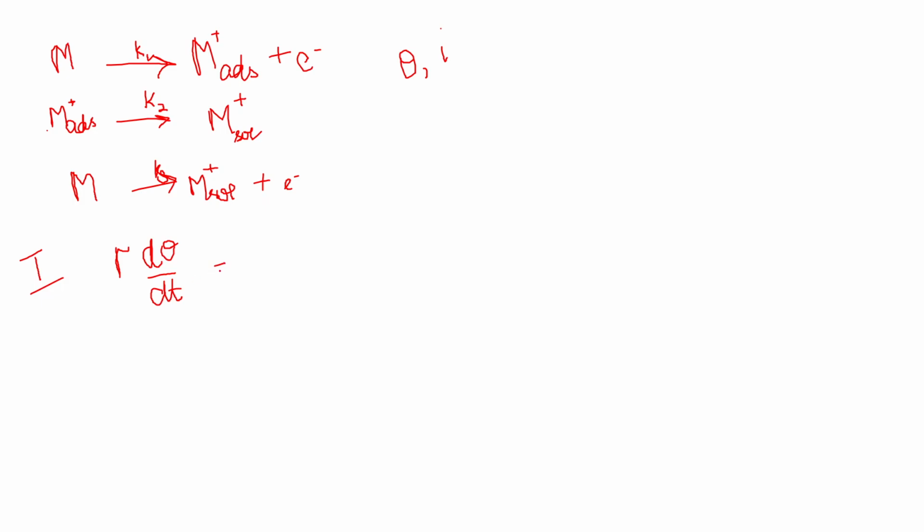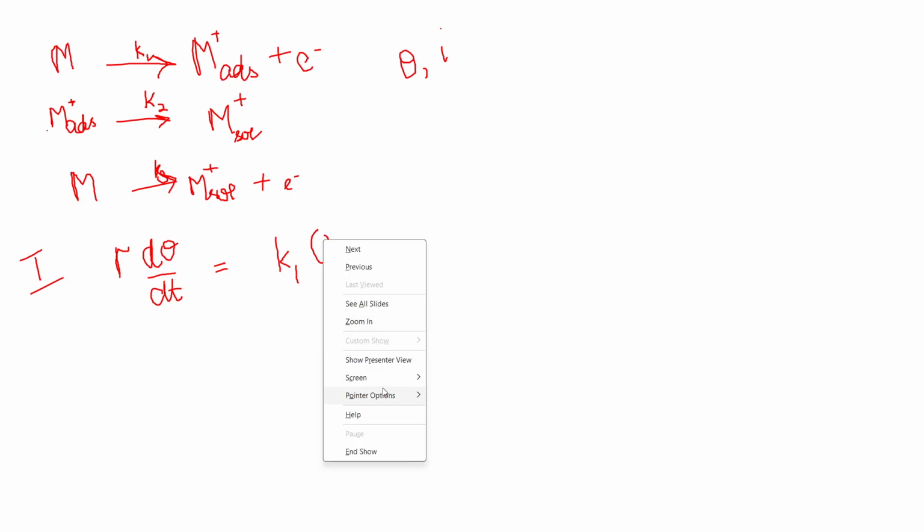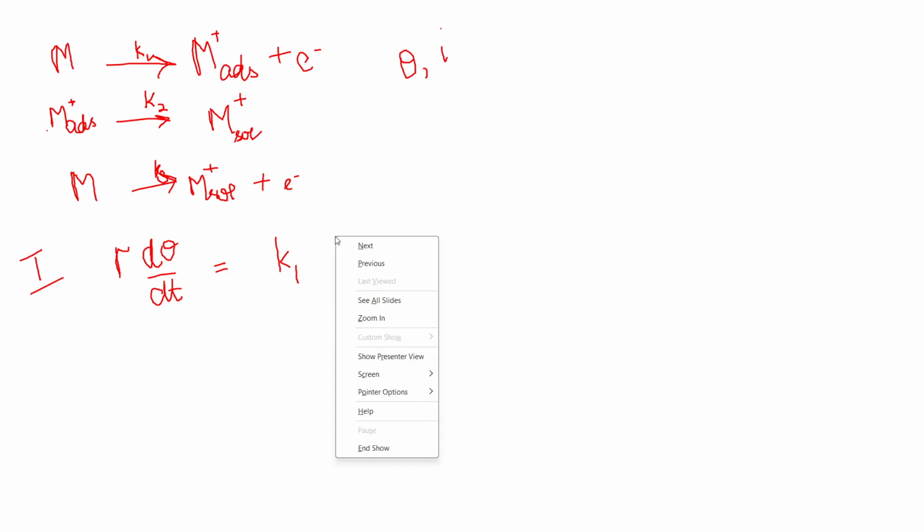So the mistake I had made was in this step. How do you do the balance for the intermediates involved? In the first step, it is nothing but k1 into 1 minus theta, where theta is the fraction of sites occupied by the M adsorbed. That corresponds to the first reaction, correct.